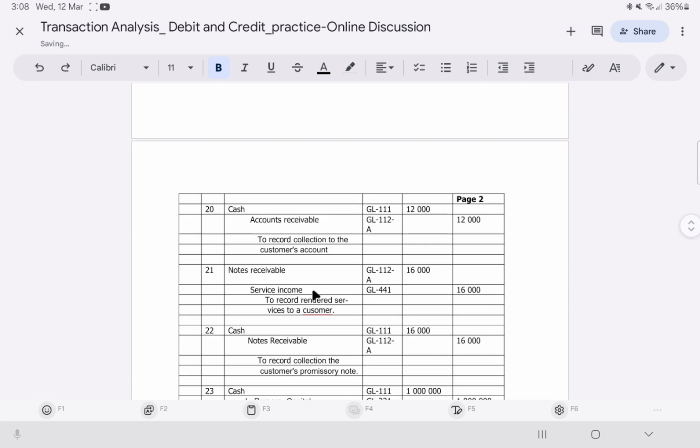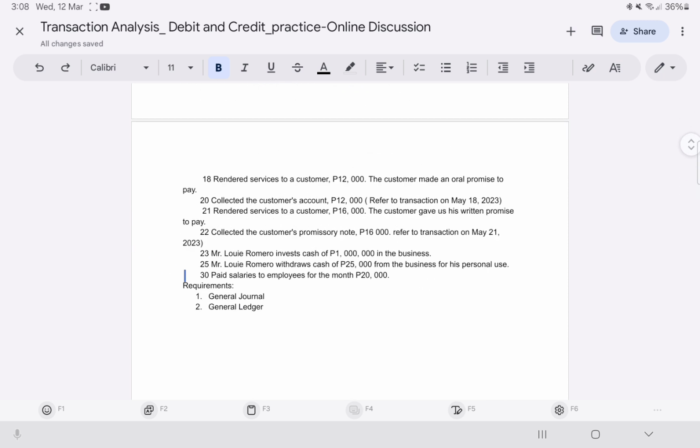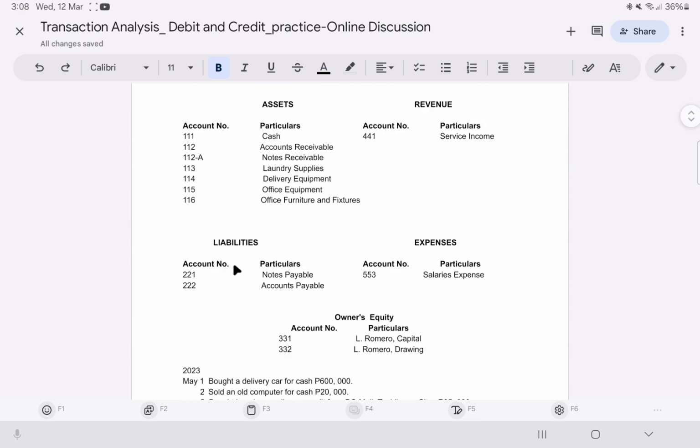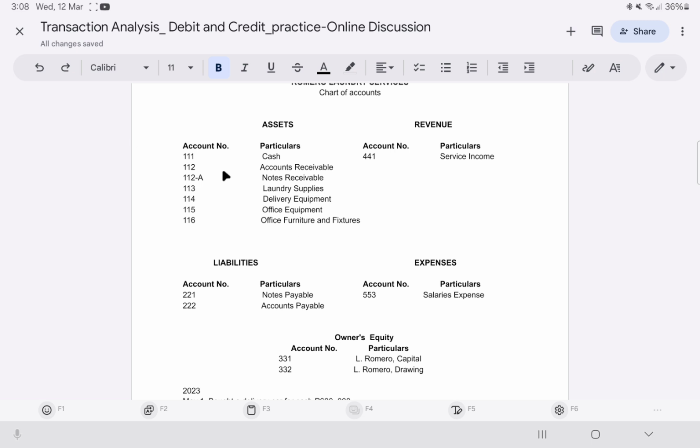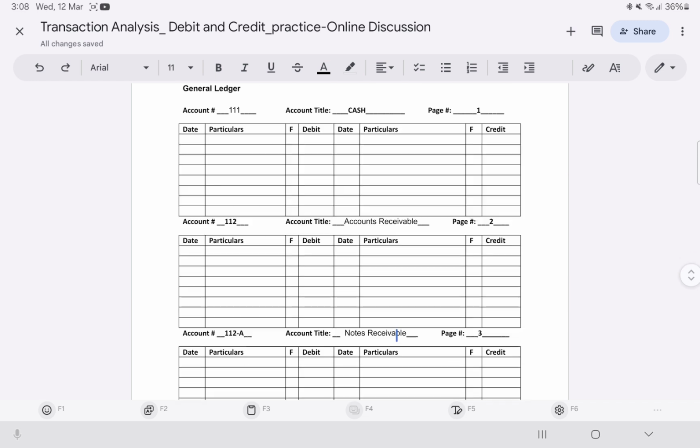Okay, next, we're done with the assets, and let's proceed to the liabilities. So we will be starting with notes payable, 221 notes payable.